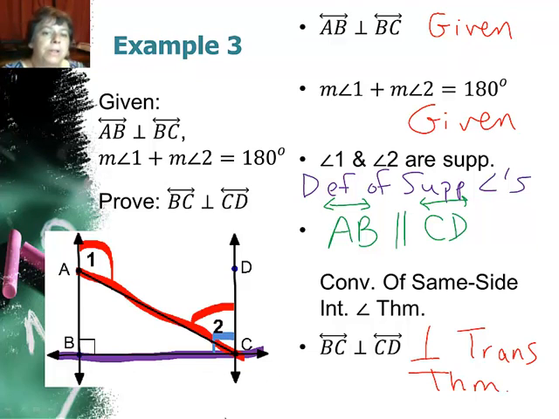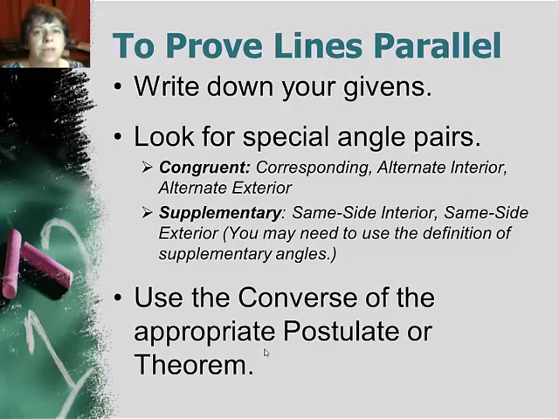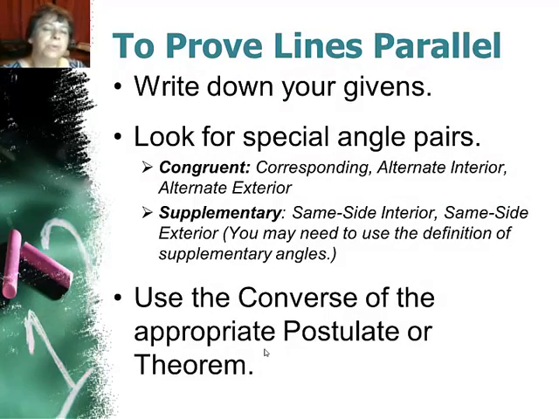If you have two parallel lines and one of them makes a 90-degree angle with the transversal, then the other one makes a 90-degree angle with the transversal. So in summary, to prove that lines are parallel, write down your givens, do a drawing, label anything you need to label. Look for special angle pairs. For the congruent angles, that would be corresponding, alternate interior, or alternate exterior.